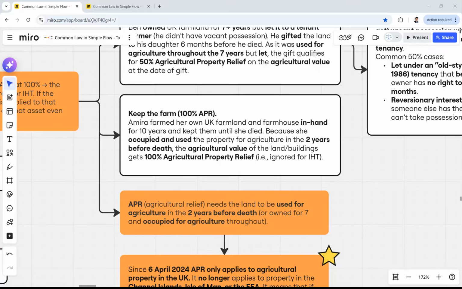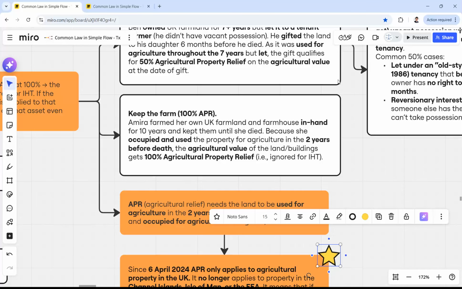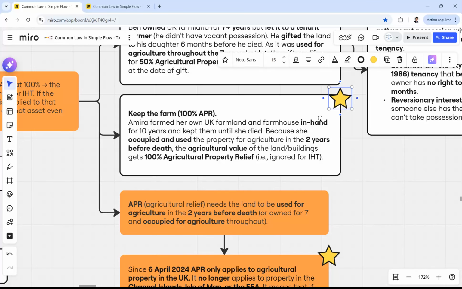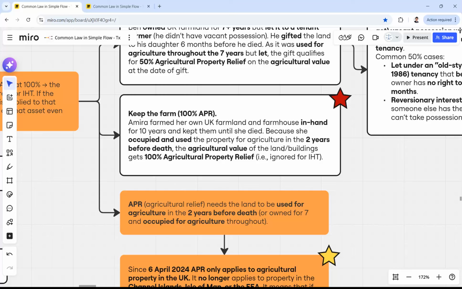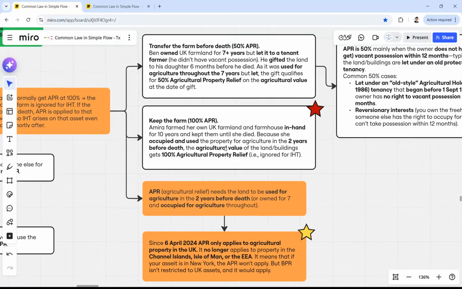So again, important is this 2-year period, which is our indicator and the first check for the business purposes, and for agricultural property relief, the 2 years of possession and occupation is the same.